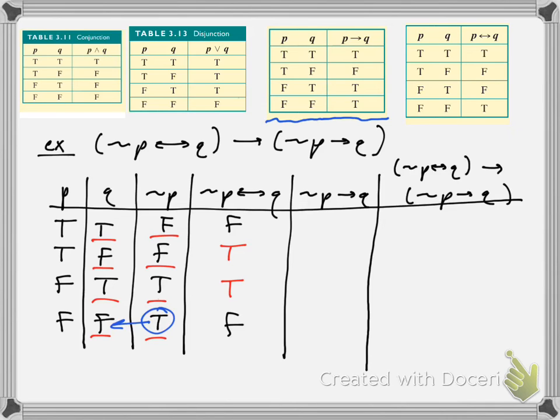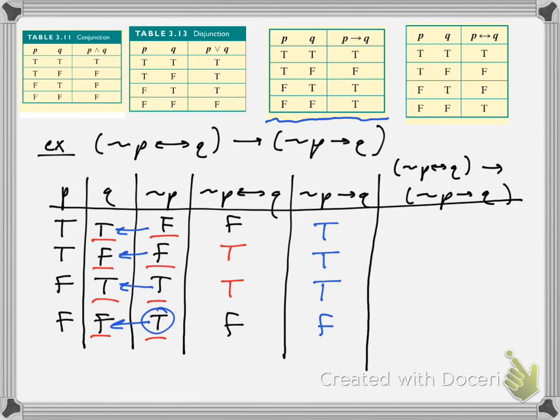Remember, we're kind of going backwards in the table because the not P appears first and the Q appears second. So true then false is the only time we have a false statement. True then true is true. False then false is true. And false then true is one of the true ones.